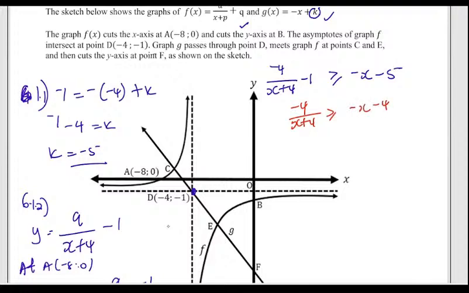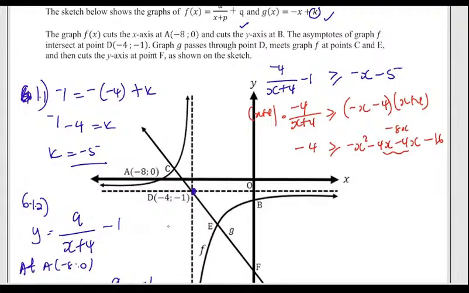So let's multiply through by x plus 4. Okay, so that cancels that. Negative 4 is greater or equal to, this is going to be negative x squared, this is going to be negative 4x minus 16. Let's simplify that, which is negative 8x.